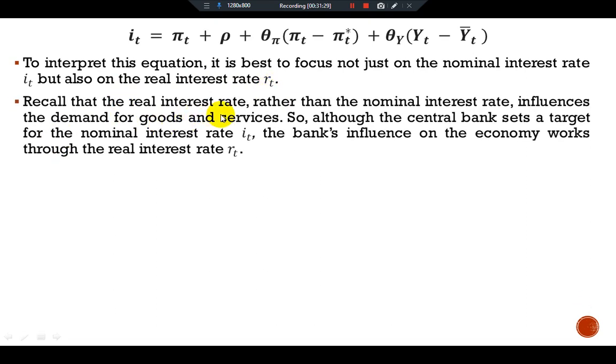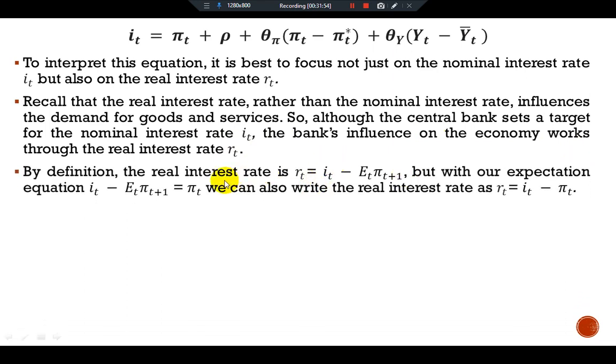Recall that the real interest rate rather than the nominal interest rate influences the demand for goods and services. So although the central bank sets a target for the nominal interest rate i_t, the bank's influence on the economy works through the real interest rate r_t.